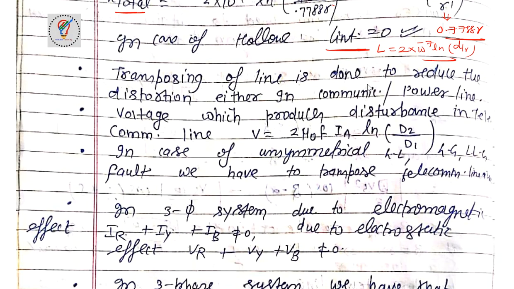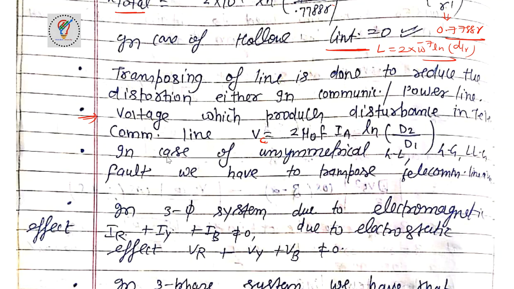Next, transposing of lines is done to reduce distortion in either communication or power lines. The voltage which produces a disturbance in the telecommunication lines is Vc is equal to 2 into mu naught into f into Ia into ln of d2 by d1, generally inductance multiplied with the current.